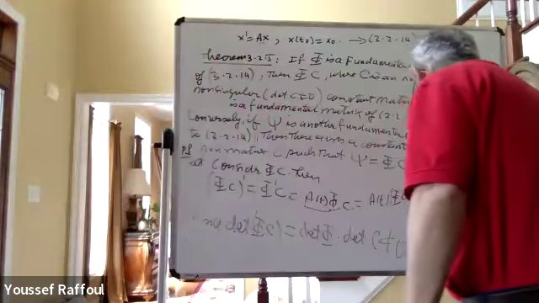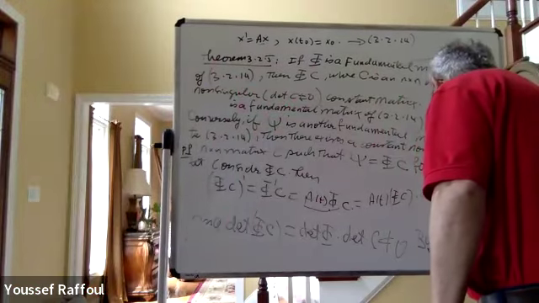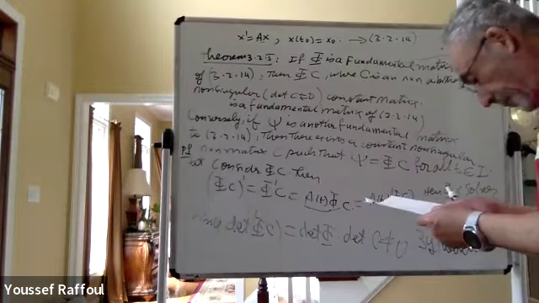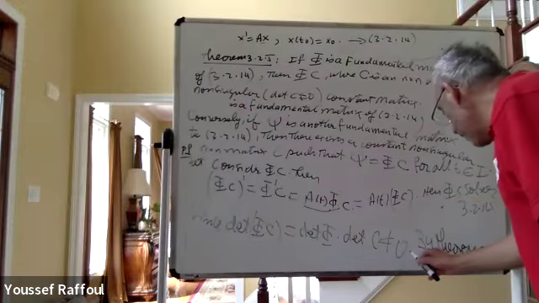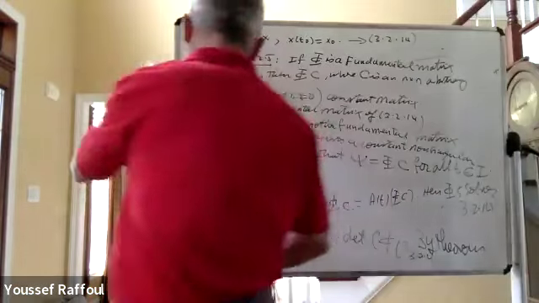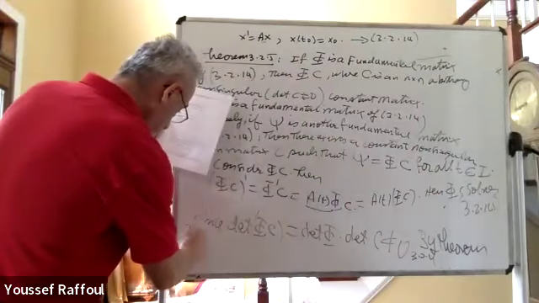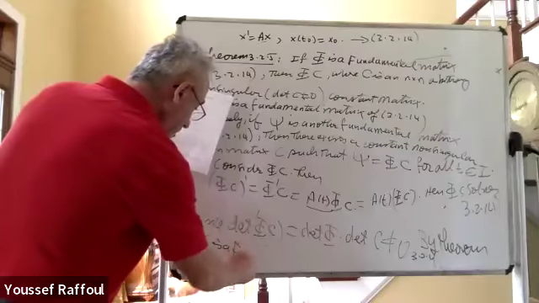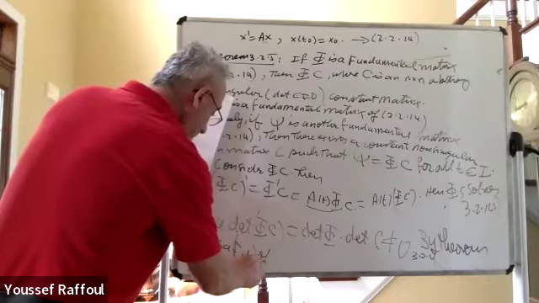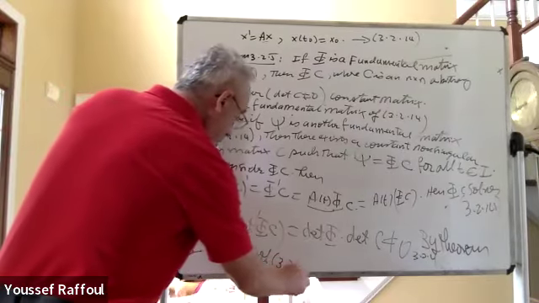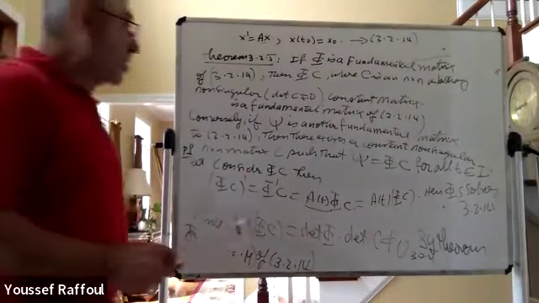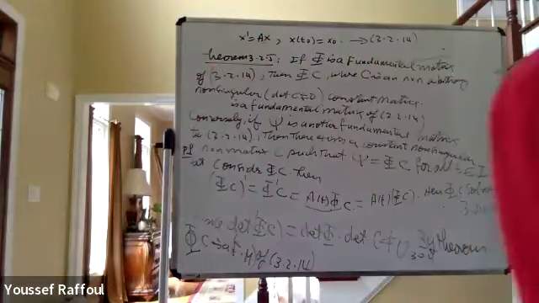And so by theorem 3.24, phi C is a fundamental matrix of 3.2.14. Okay? Now we need to do the opposite, the converse.